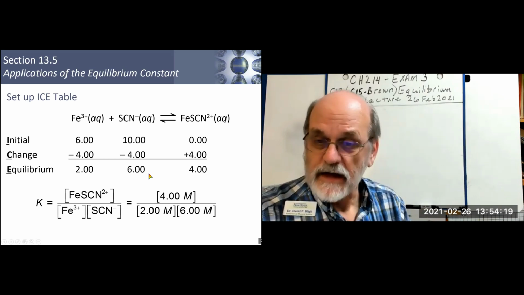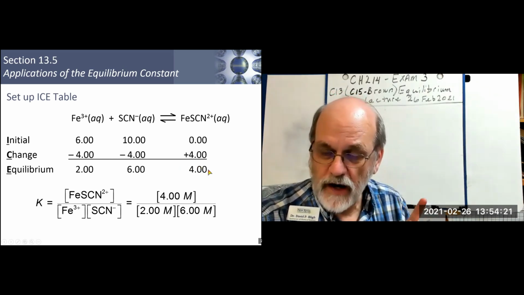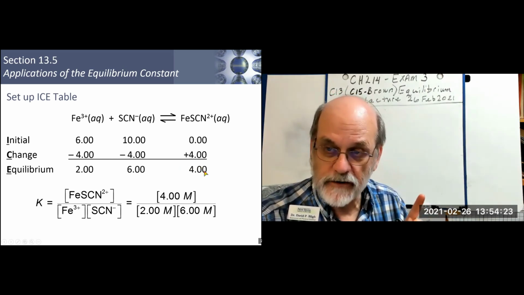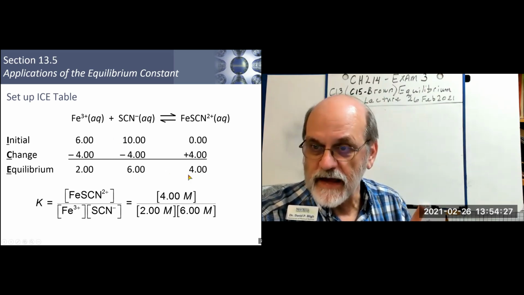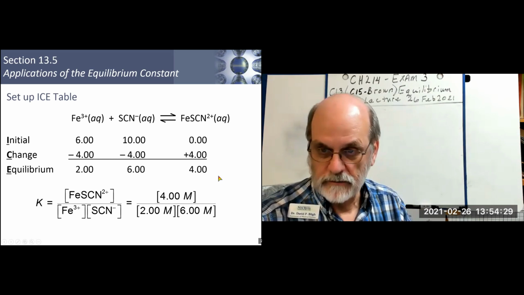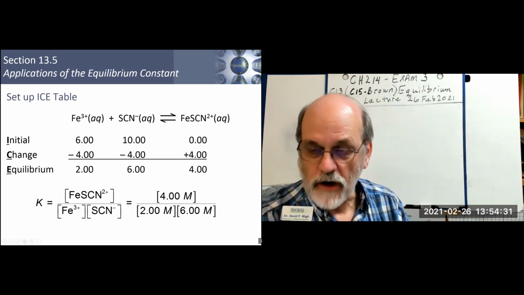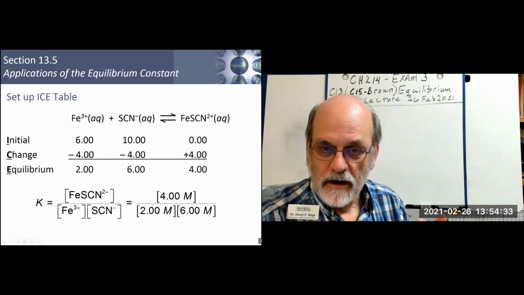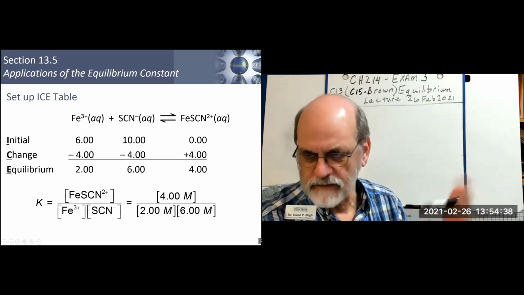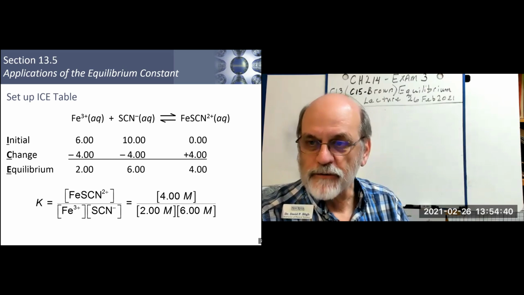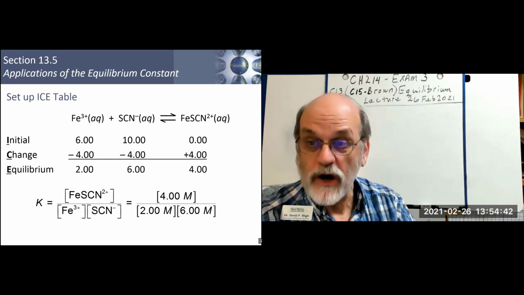In this case, since we know the final concentration of iron thiocyanate, every one of these places has a real number. But you can also use the ICE table with unknowns in place, X's and Y's, to answer a question.